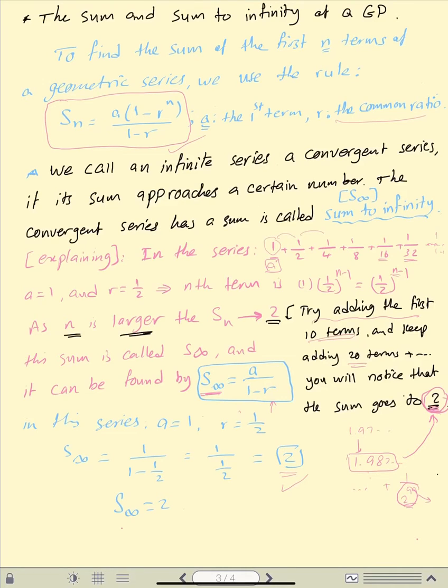This is the meaning of a convergent series, and this is the meaning of sum to infinity. The word infinity came from increasing the values of n. As n gets larger, the value will be converging, approaching a certain number, which is 2 in this example.